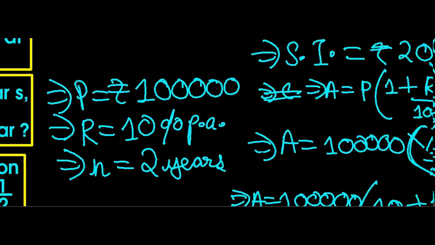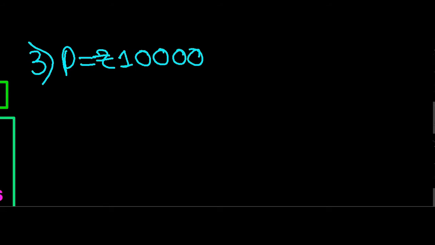Okay friends, so now we will write sum number 3. P is equal to rupees 10,000.